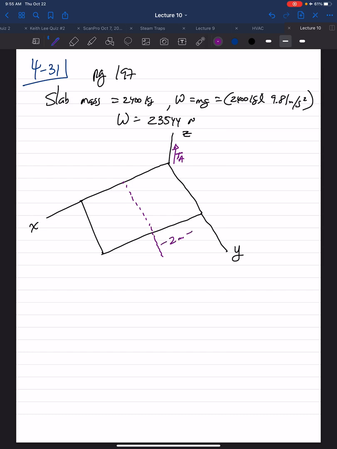And you have a TB in the Z direction here. You have a TC here in the Z direction. And you have a 15 kilonewton force here.